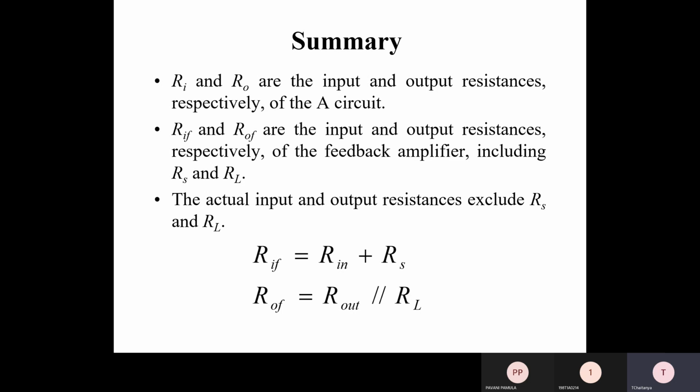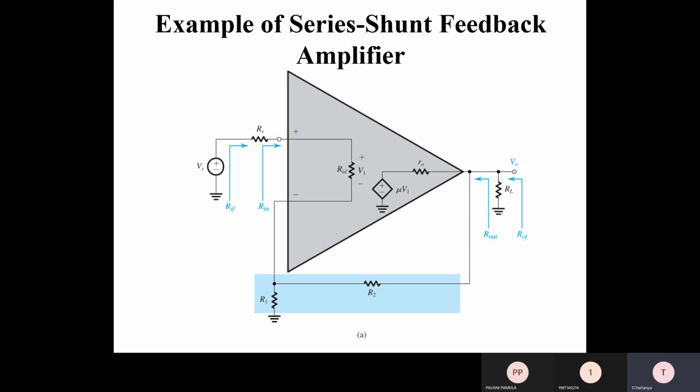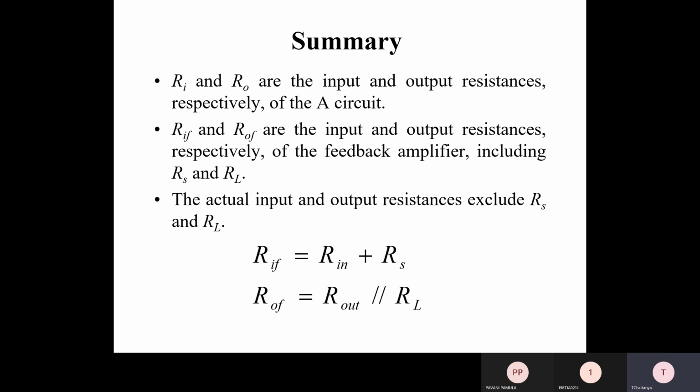The total input resistance is RIF equal to the input resistance plus the source resistance. Internally, the op amp consists of RIN, and RS is connected as the source resistance. The output resistance ROF is the output resistance of the op amp in parallel with the load resistance. See here, RIN is in series with the source resistance.